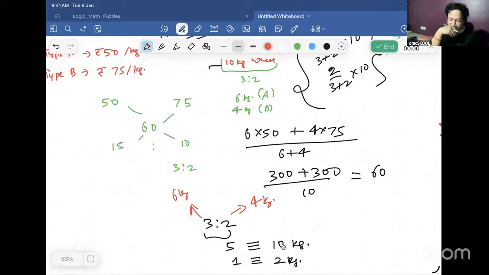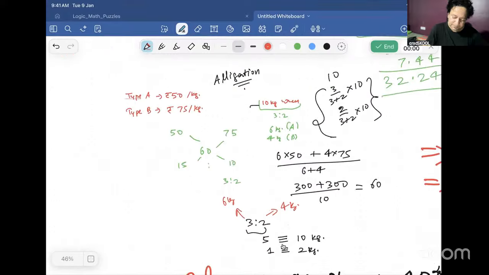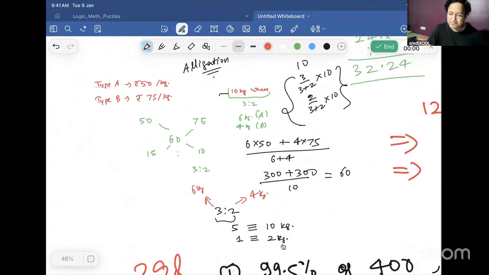Clear? Got that? This is how we use ratios to compare with the real world, because ratios are representative of real world only. We got the answer. Right? Clear? Looks good? That is alligation.